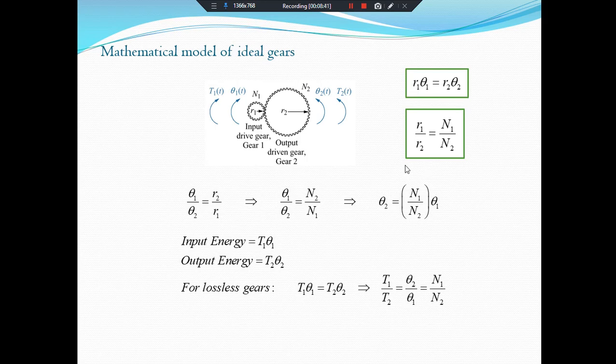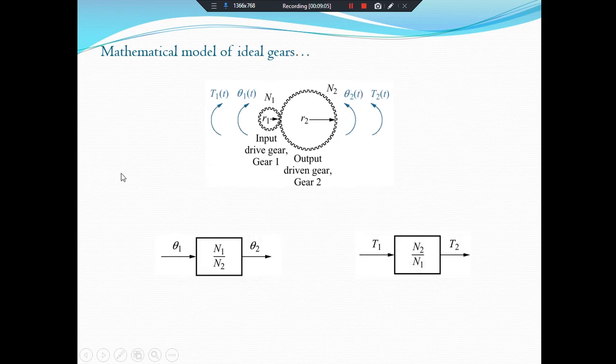Clear? You should be familiar with these relations: the angular displacement and the number of teeth, and the number of teeth and the radius of this gear system. So by using this concept, we will solve our gear system.